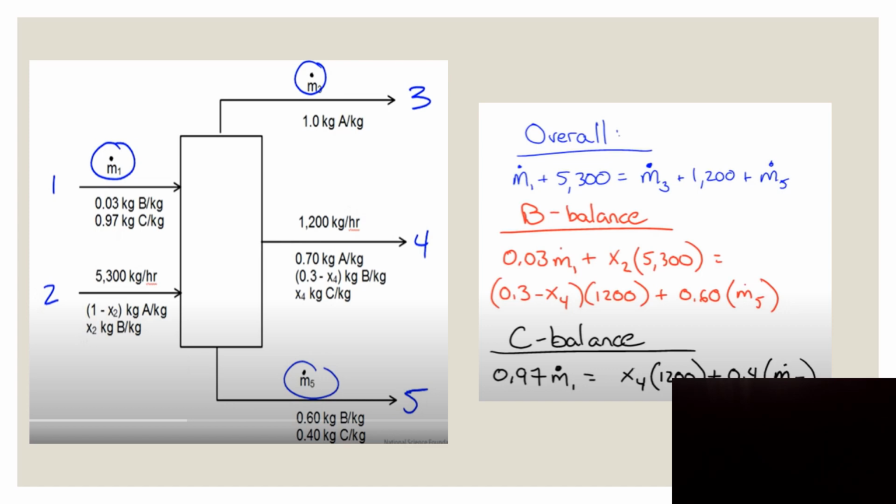So M1 plus 5,300 is M in, minus M3 unknown, M4 1,200 and M5 here. So this is our balance. Okay, and then we can write a balance for component B. So we can get this equation, and then write an equation for component C. Okay, M in equals M out.